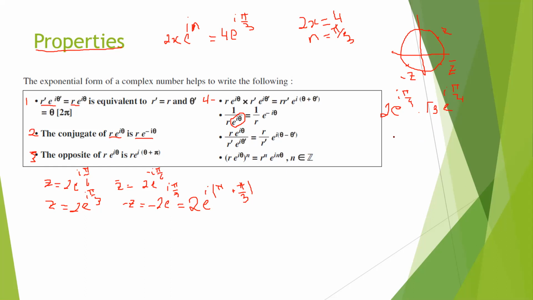No, it will give 2 radical 3 e to the i, we add the powers, only the powers: pi over 4 plus pi over 3 equals 7 pi over 12. Like the ordinary power, for example x squared times x cubed, we add the powers, it is x to the power 5.